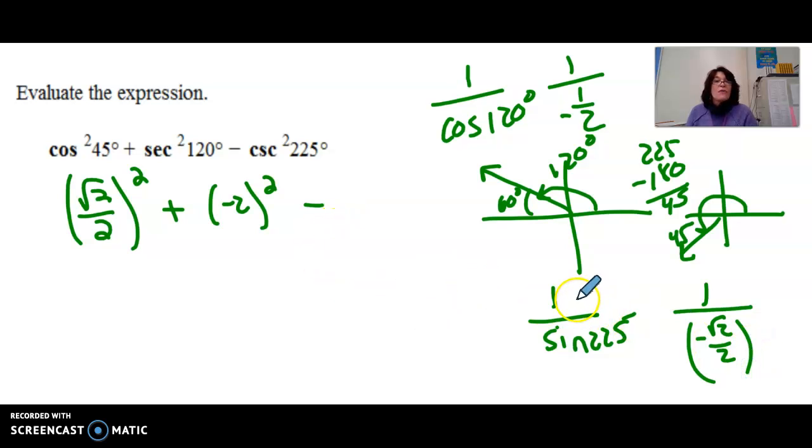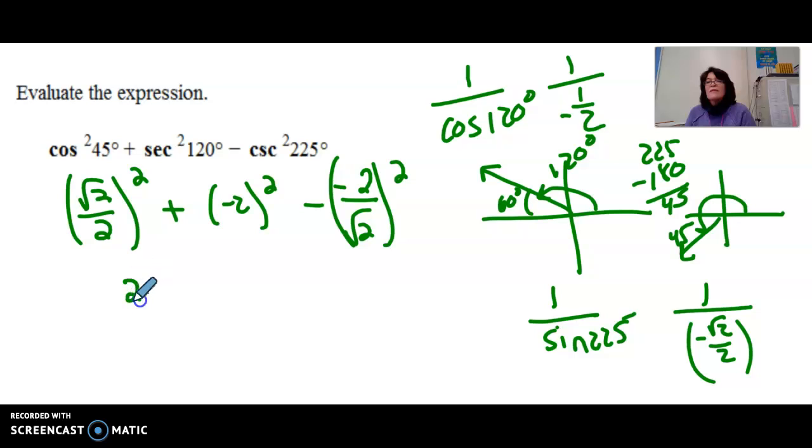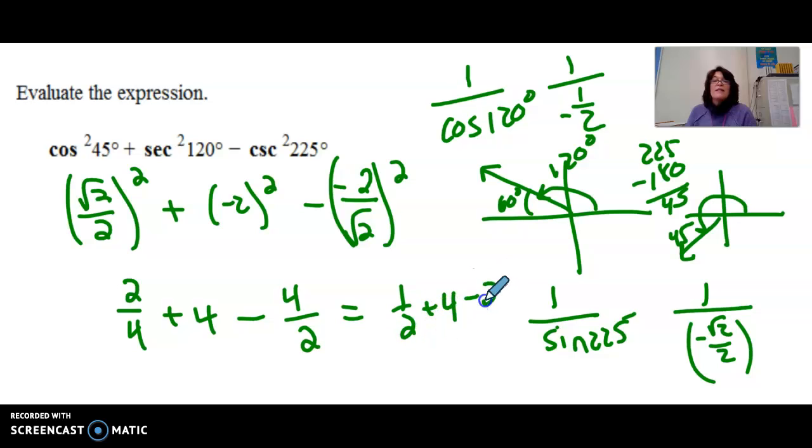So cosecant of 225 is 1 over the sine of 225. So that's going to be 2 over the square root of 2, negative of that, and I'll square that. This gives me 2/4 plus 4 minus 4/2. So I get a half plus 4 minus 2. 4.5 minus 2, that gives me 2.5.